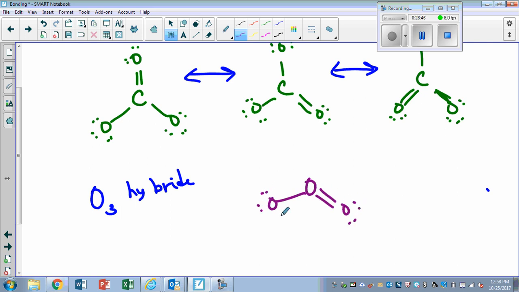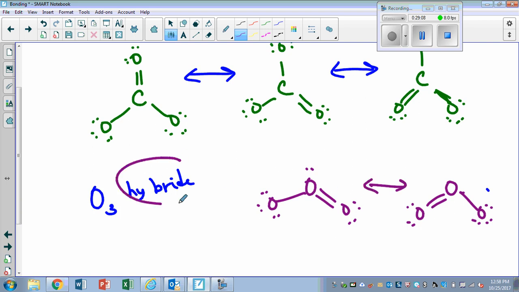This and this. So it has kind of a bent shape, that it can be like this. Okay, so this is the ozone, and as I'm saying, it will be the hybrid. The actual structure of ozone will be the hybrid of these structures. So this topic is known as resonance.